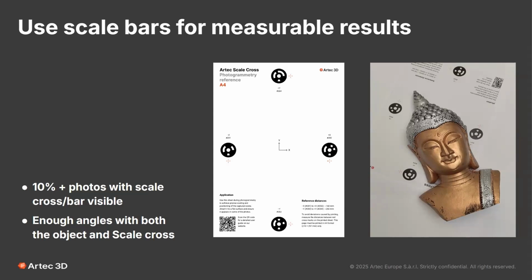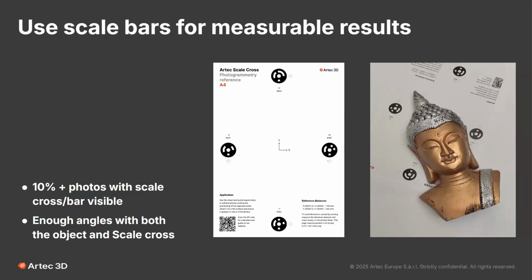I'm emphasizing full scale cross because from some of the angles, it won't be possible to see all of the 4 targets. So you need to have 10% of your images with 4 targets visible at the same time. This way you're going to get the best results. And of course, the more the better.